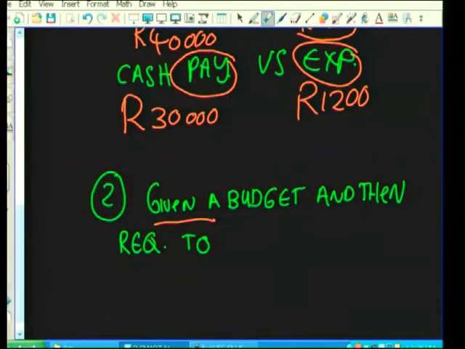Then the second way in which they could ask you, and a much more common way of testing your knowledge of the cash budget, could be where you are given the cash budget and then you're required to complete the following. So you could be given the cash budget for the months of September, October and November, and then they ask you to complete maybe a certain section of the cash budget, or they could ask you to calculate the increase in salary and wages, calculate the interest that is paid, and so on.